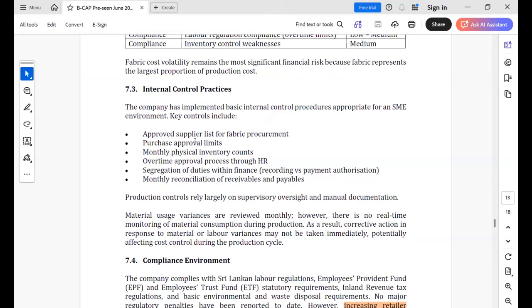The other one is the approved supply list for fabric procurement. Now, this approved supply list you have to review at frequent intervals, every 6 months, every 3 months, right? Because the prices are fixed, suppliers are also fixed.